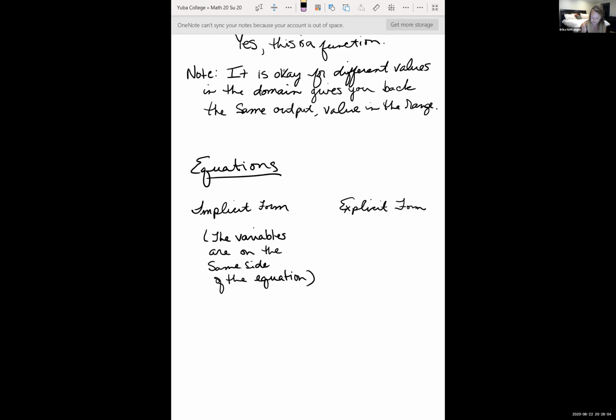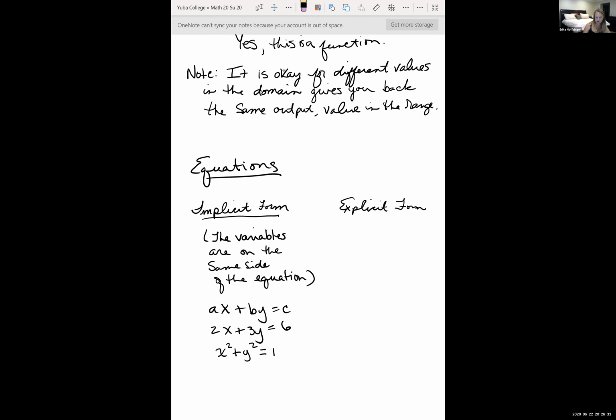So for instance, ax plus by equals c. 2x plus 3y equals 6. Or last week we were working with circles: x squared plus y squared equals 1. And so this would be an implicit form of an equation.